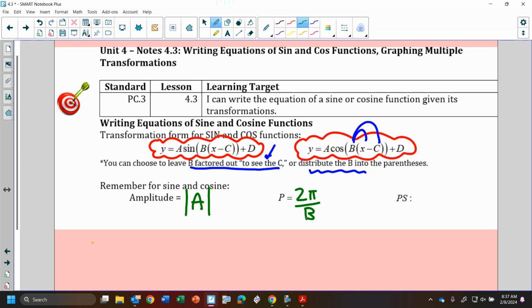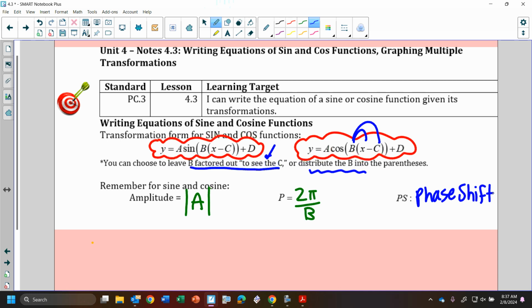Okay? PS, what does that PS stand for? Anyone know what I'm trying to say there? Phase shift. Yeah, what was the phase shift? What did that really mean? Was it a fancy way of saying your graph moves left and right? Exactly right. So phase shift is just that left or right movement. Okay. So how did we find the phase shift?